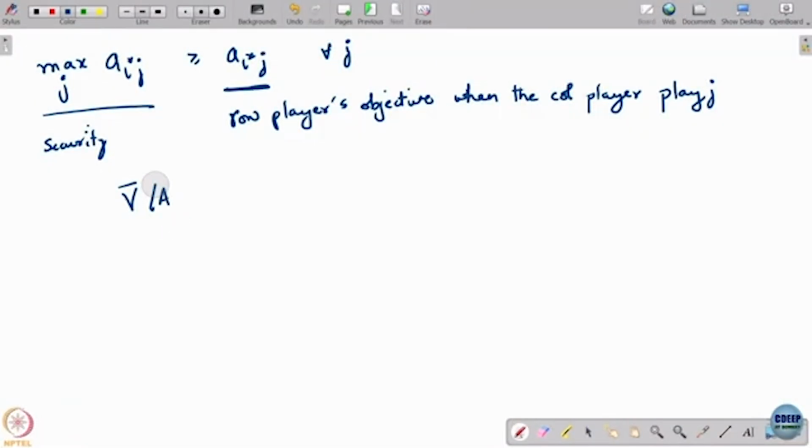was the min over i, max over j of a i j. And similarly, there was an analogous one for the column player also.